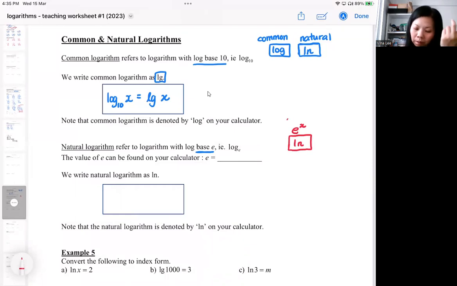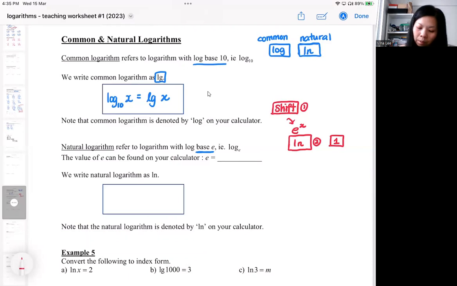In order to activate this function, most of you have to press the shift or second function button. So you try doing it. Press shift, and then press 1. Activate the EX function by pressing shift, and then you press 1.